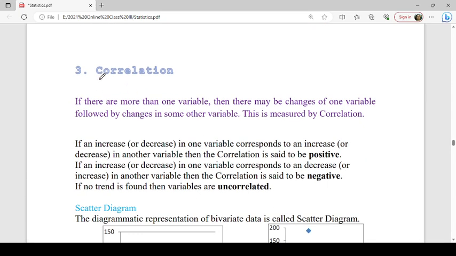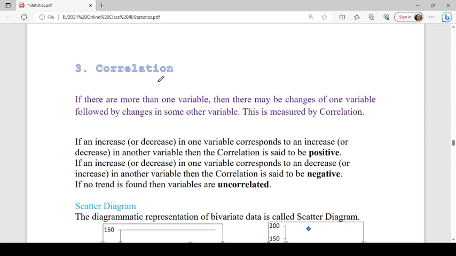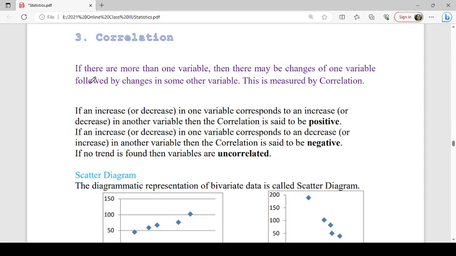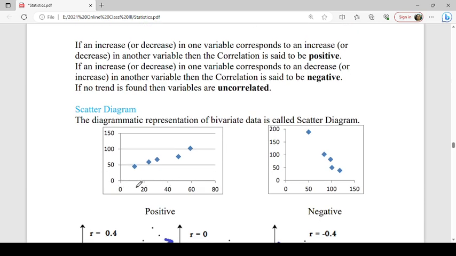Then now come to correlation. You see, increase or decrease in one variable corresponds to increase or decrease in another variable. So two variables are there, one is x, other is y. When x varies, if x increases, then y increases, then we say it is positive correlation. So we have an upward trend here.